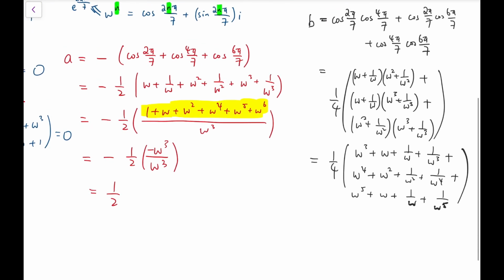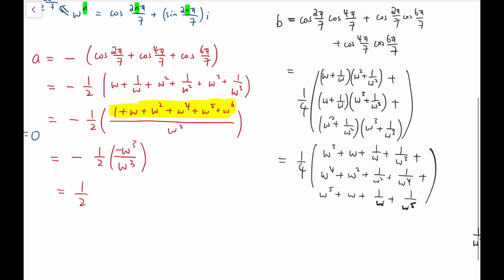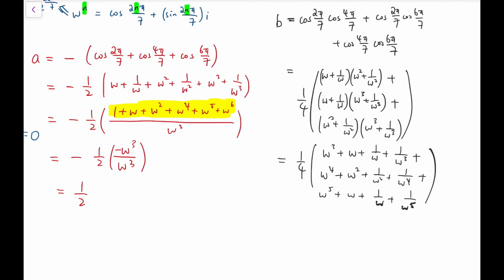So to further simplify, notice that these terms, for example, omega to the power 5 and 1 over omega to the power 5, can be rewritten as omega squared plus 1 over omega squared. This is from the fact that omega to the power 7 equals 1.